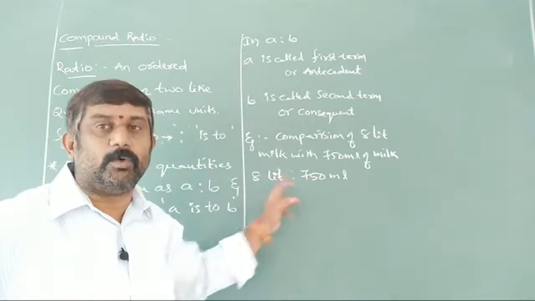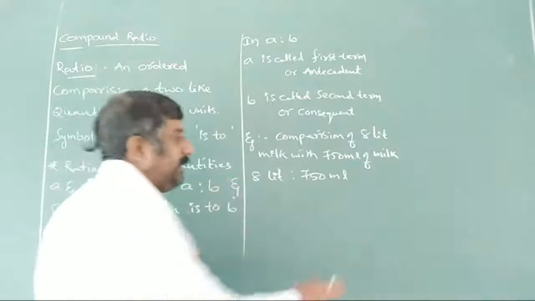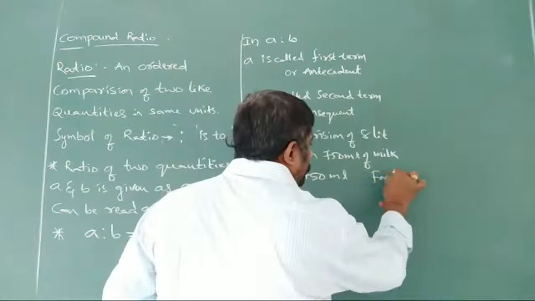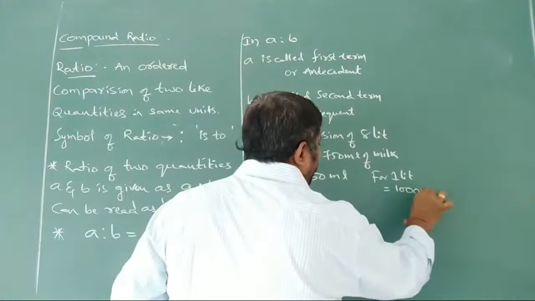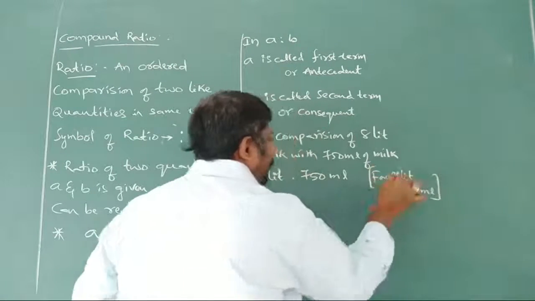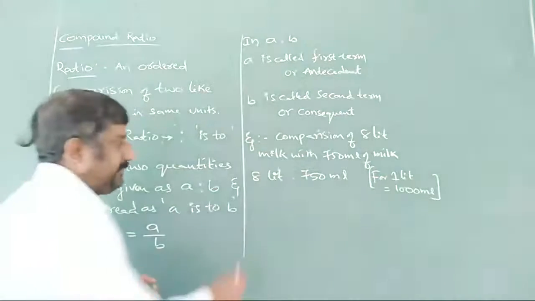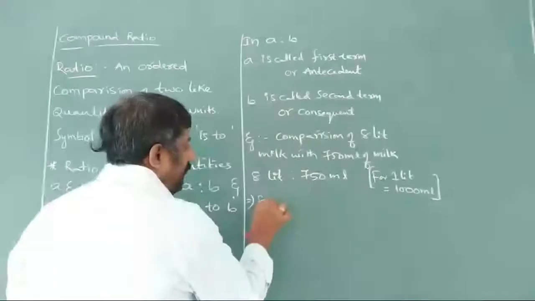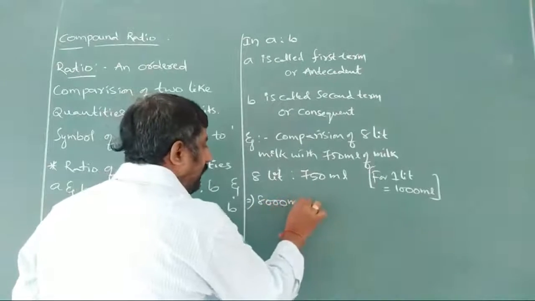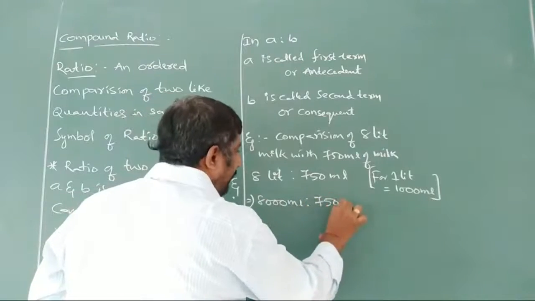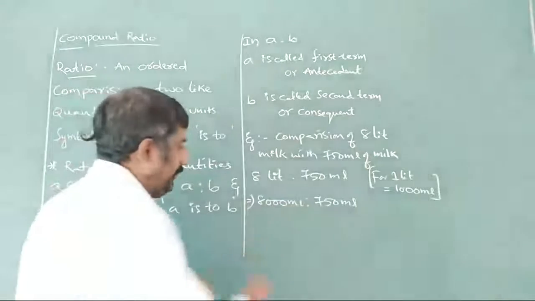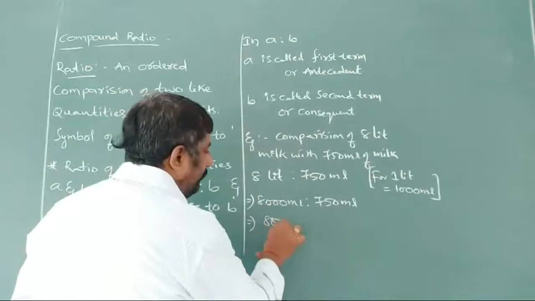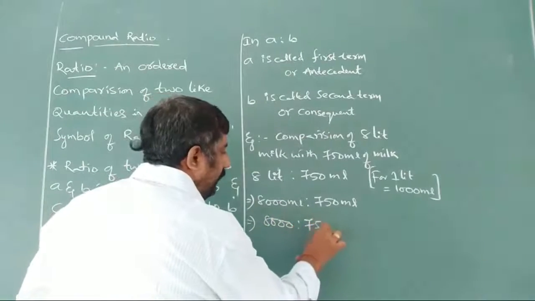So convert these liters into milliliters. 1 liter is equal to 1000 milliliters. So this can be written as 8000 milliliters is to 750 milliliters. Now you observe these both are in the same units. So we can write this as 8000 is to 750.